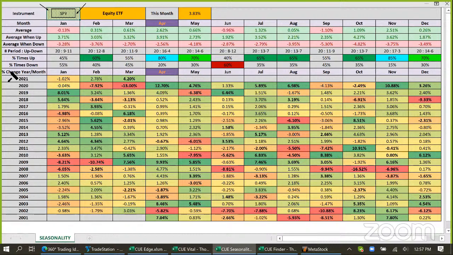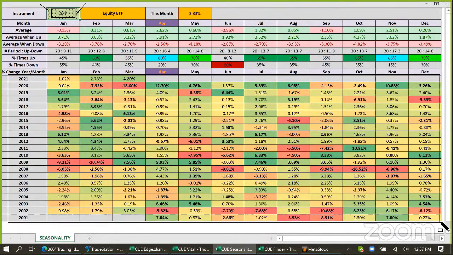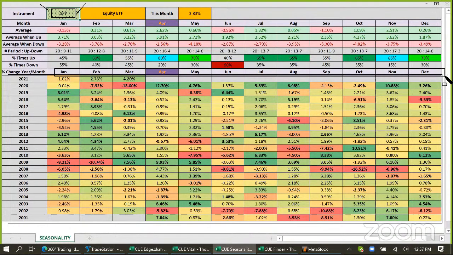What does it do? It gathers the data for 20 years and shows the percentage changes in those 20 years across the 12 months, January to December. Then it calculates for all those periods. Sometimes it may load 20 years of data. Sometimes if data is not available, it may not have all the 20 periods.